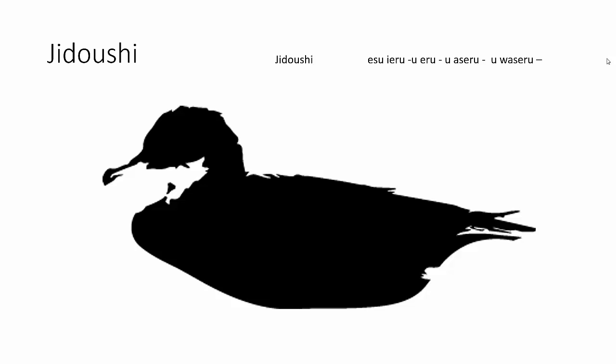Jidoshi is the one that just talks about himself or herself, as in it's intransitive. It's just subject verb. So I kick, I eat, I see, these sorts of things that you do to yourself, or one does within oneself. And the subject doesn't have to be a person, by the way.